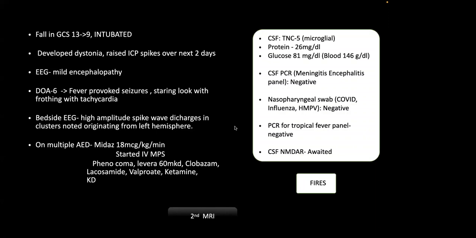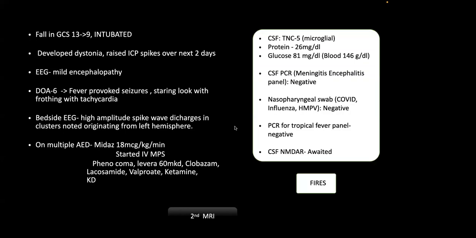And on day 6 of illness, around last Saturday, he got 2 episodes of seizures in the form of staring look with frothing, associated with tachycardia. And his EEG also worsened with time.